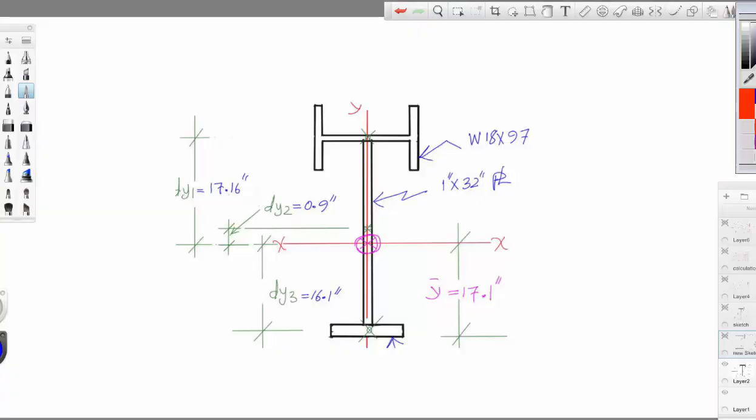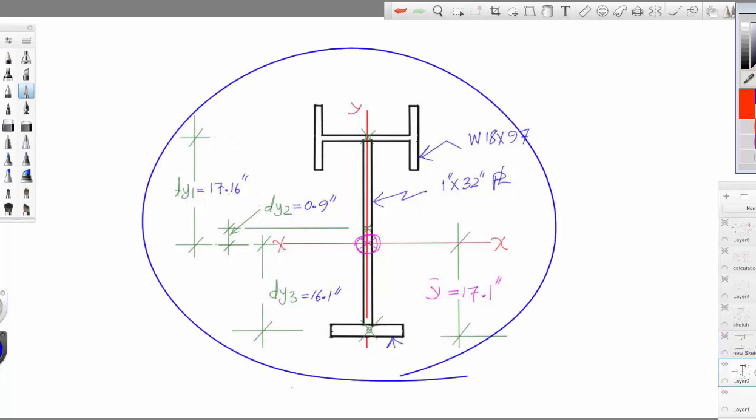So here's the section, and of course we need the centroid before we start to work on the moment of inertia. If you remember, in the case of centroid we always measured x and y from the reference point, but now the measurement will be from the location of the centroid of the entire section.